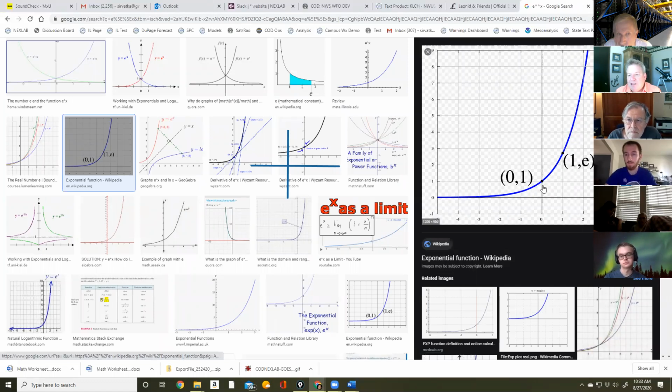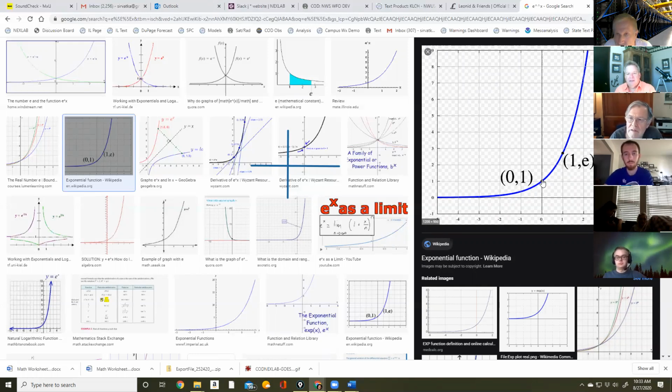So what happens is e to the 0th power, obviously any number to the 0th is 1. And then as the numbers get greater than 1, you're taking e to higher powers, and it's going to grow very quickly exponentially. When you get numbers that are less than 0, e to a negative number does what to it?